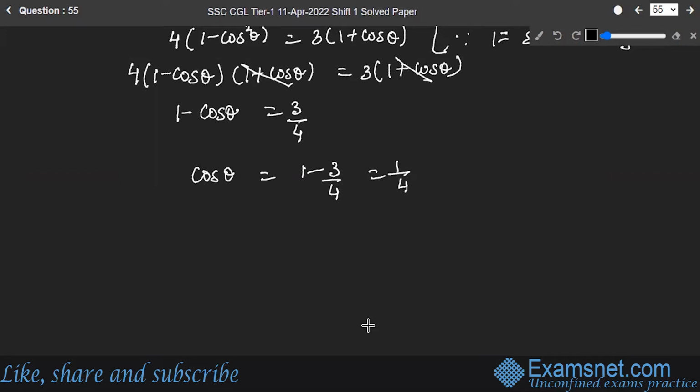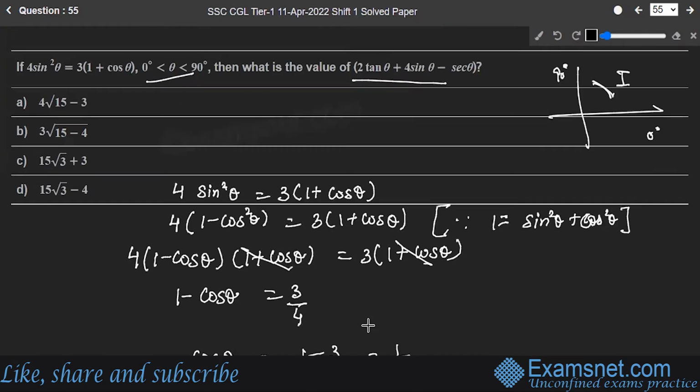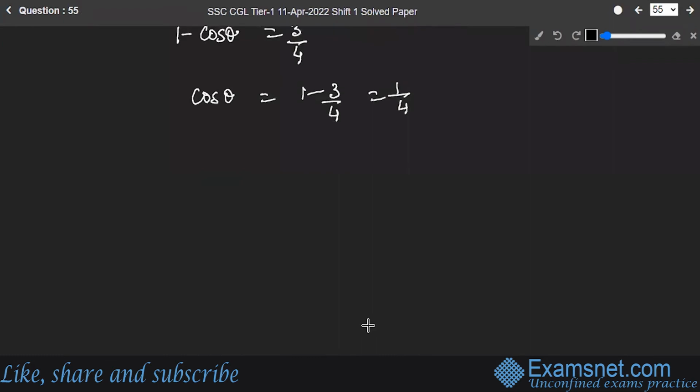Now we can get all the other values for tan, secant, and sine using this value only. Why? We have a right angle triangle. If this is the angle theta, then this is 1 and this is 4, base upon hypotenuse. Now you have to find the other values.